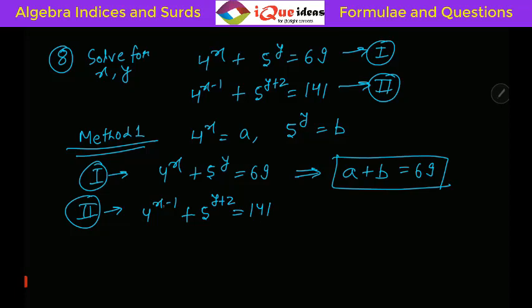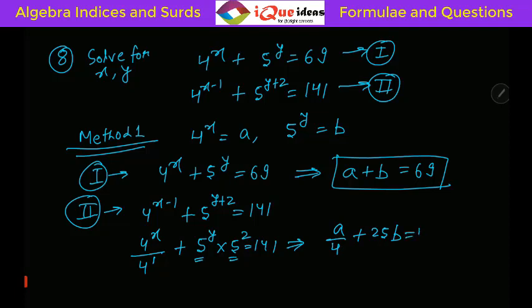Now here, 4 raised to x minus 1 can be written as 4 to the power x divided by 4, plus 5 raised to the power y plus 2 can be written as 5 raised to the power y into 5 raised to the power 2, is equal to 141. Now 4 raised to x is a, 5 raised to y is b. So this equation can be written as a by 4 plus 25b, since 5 square is 25, and this is equal to 141.